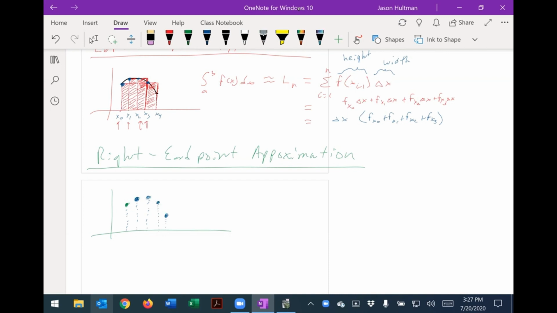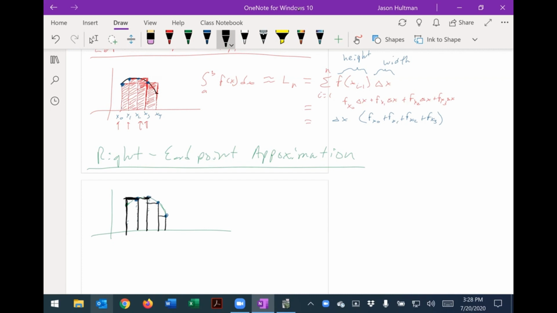Let's use black. So we're going to go like this, and then like so. That's my first rectangle, this is my second rectangle, this is my third rectangle, and this is my fourth rectangle.